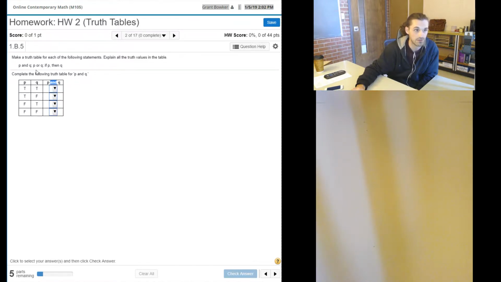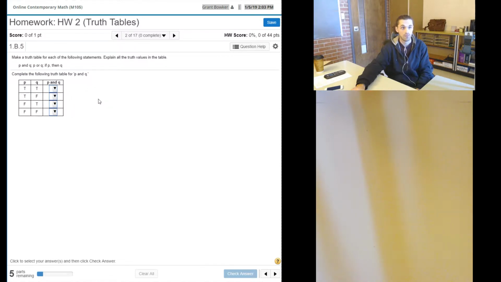The logical connectors are and, or, and then the last one is if, then, also known as a conditional. So we're working with P and Q. This begs the question, when is an and statement true and when is an and statement false?